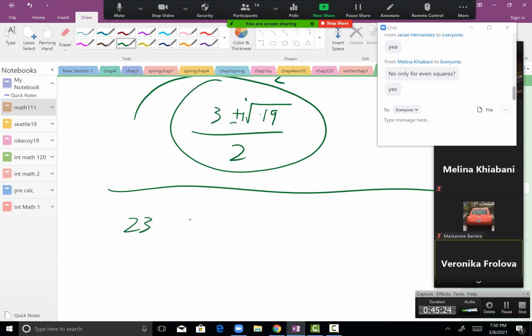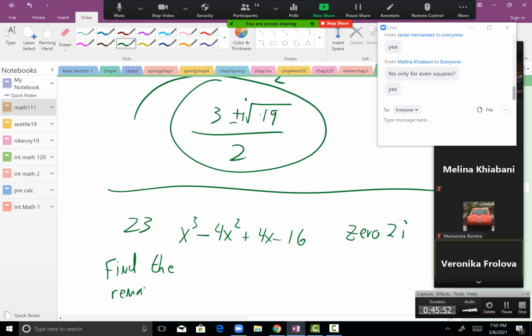So they give you this problem here, and they say that one zero is 2i. Okay. And it says find the remaining zeros. So if one of them's 2i, what's another one? Automatically.